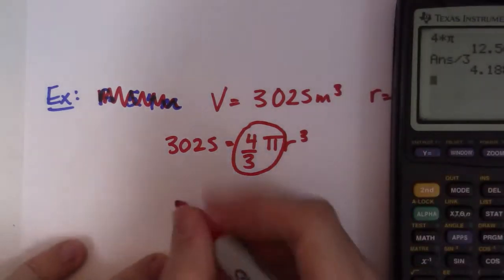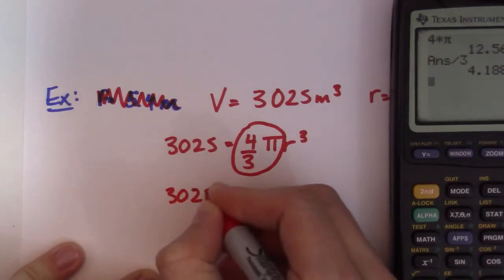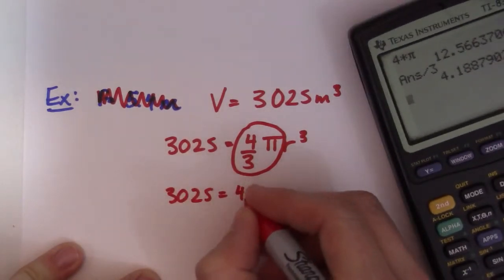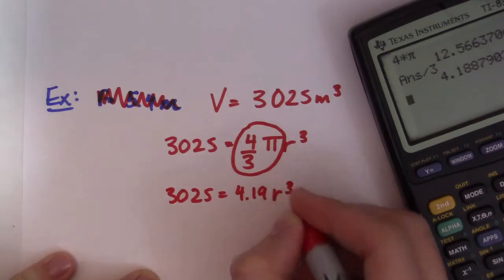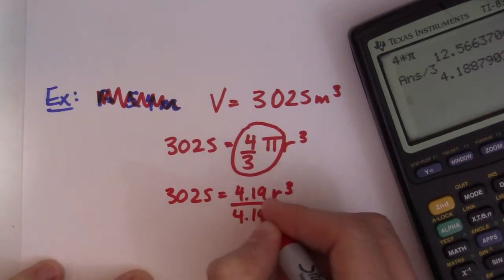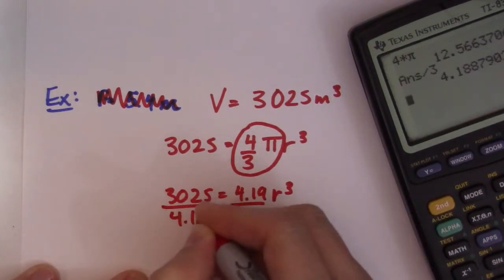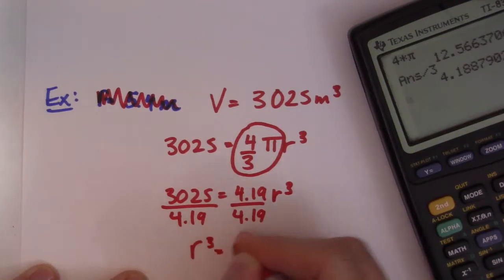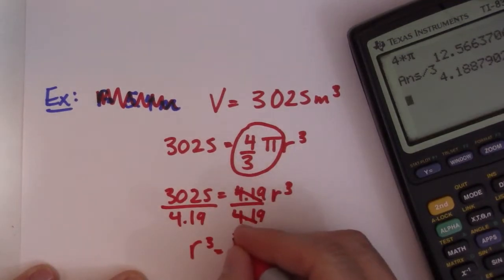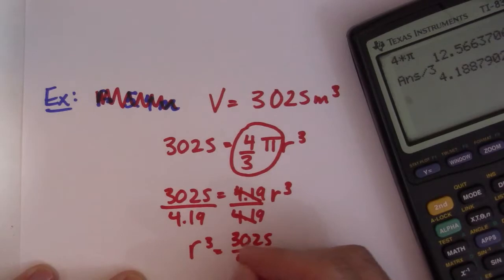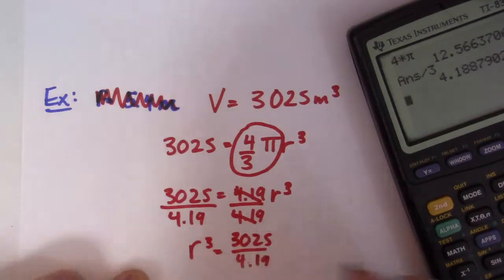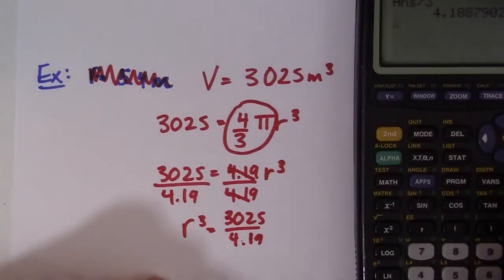So I'll rewrite this with that done. So 4.19 r cubed. So divide both sides now by 4.19. So that gives me r cubed. Those cancel. 3,025, just like that. So I'll work that number out.